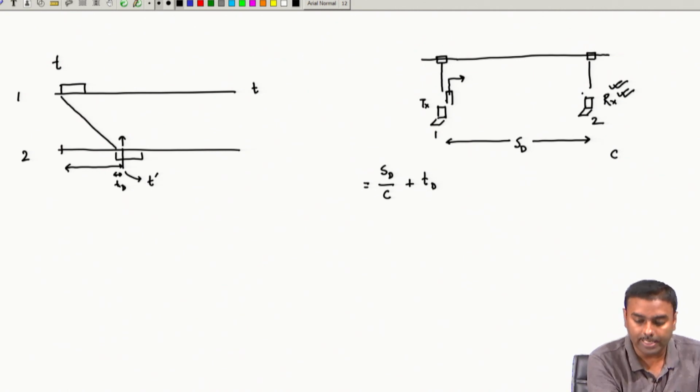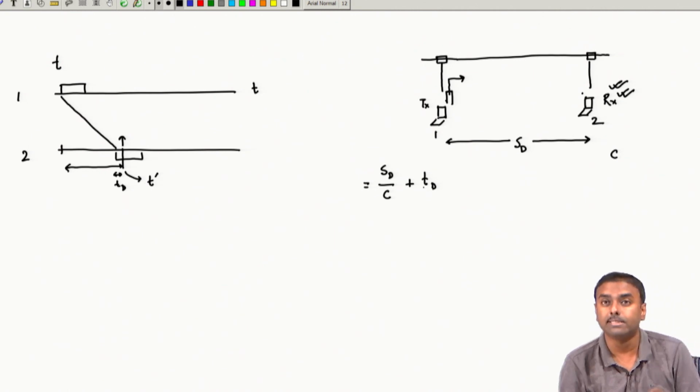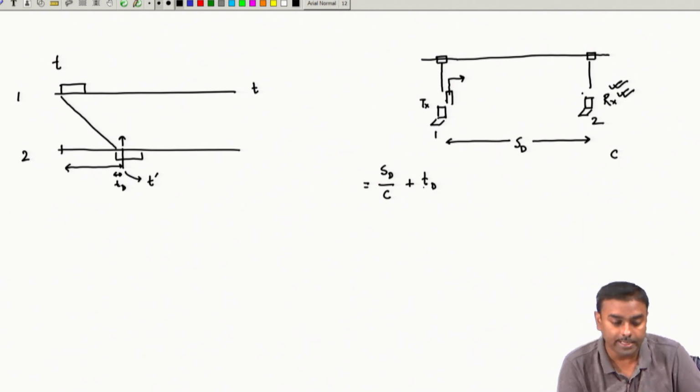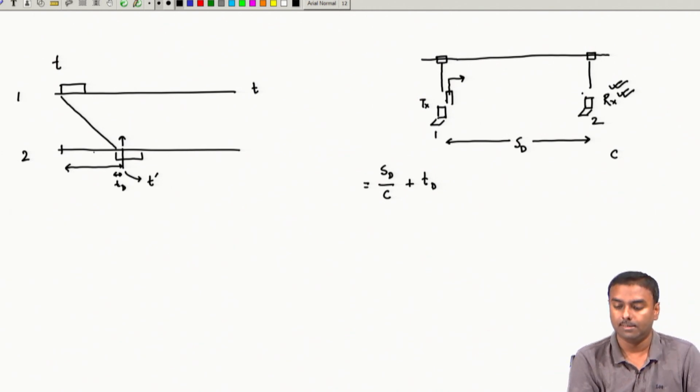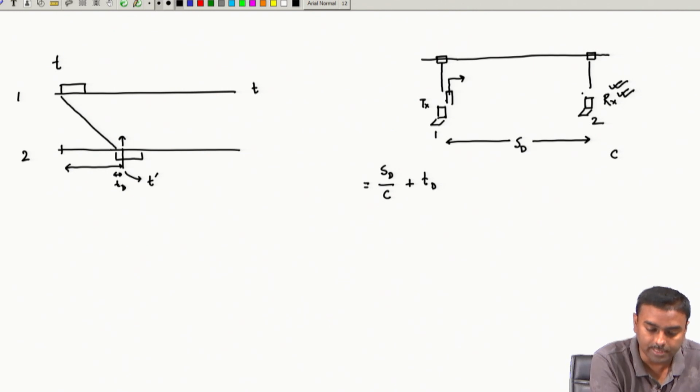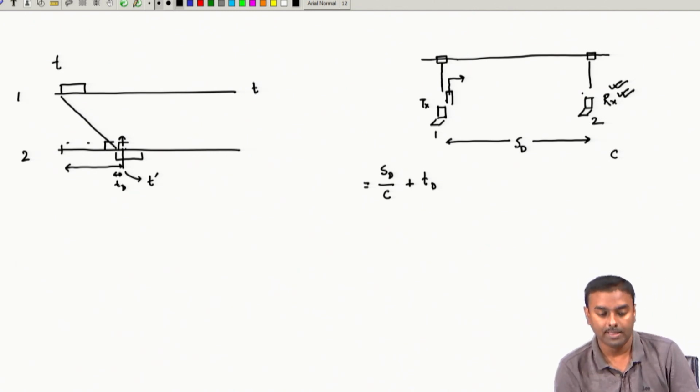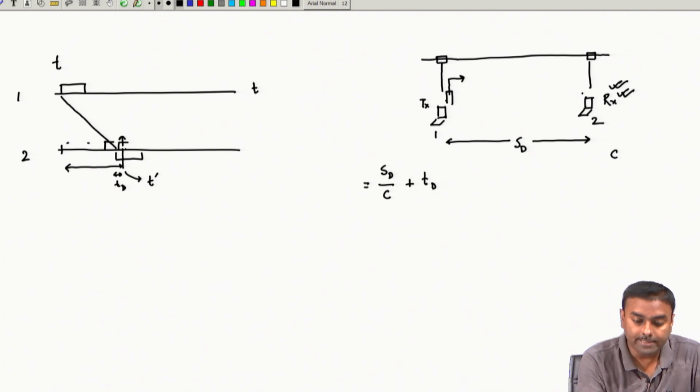So, this amount of time, SD by c plus TD, is the vulnerable period where node 1 can still start his transmission, anywhere over here. Now let us see it from the perspective of node 1.